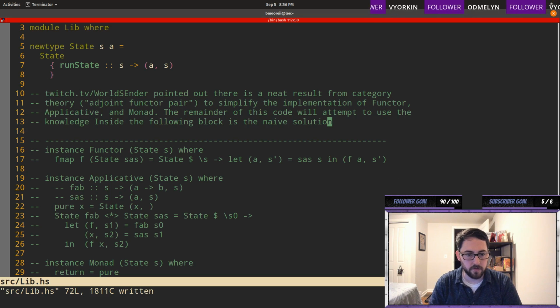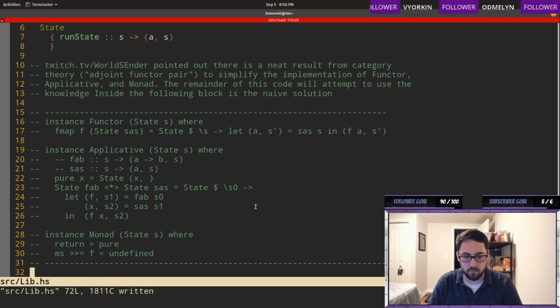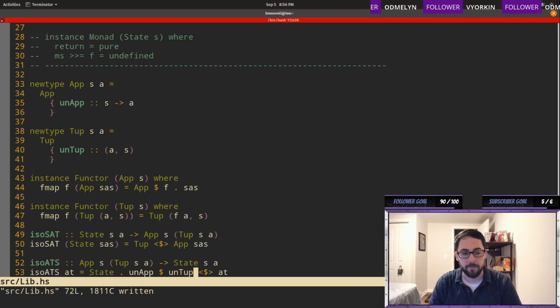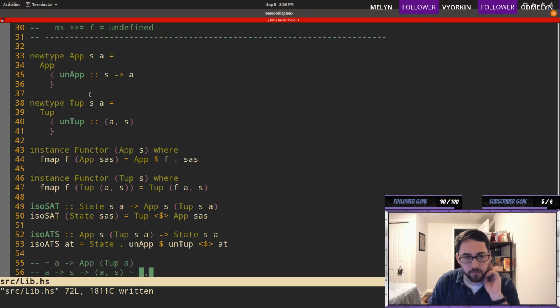So this is a theory or a result of category theory, and essentially it's going to allow us to simplify the instantiations of the functor, applicative, and monad instances for state. So essentially we're going down that path right now. What you have to do is generate two constructors, which we've called arbitrarily app and tup.